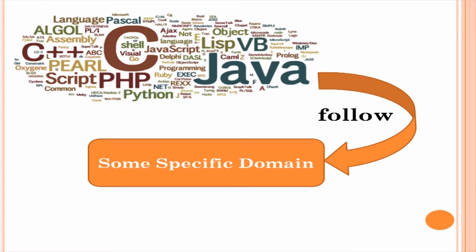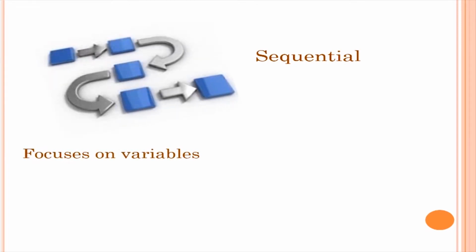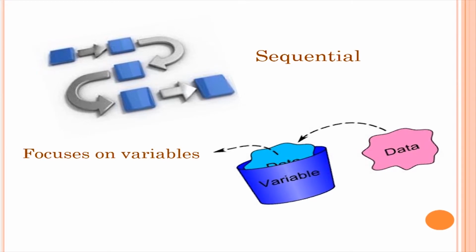For example, some programs execute statements in a sequential fashion and only focus on variables. Here, the term sequential means one after another. As you already know, a variable is used to store some data that can be varied. Like, x is a variable that has value 2 at some time and value 4 at another time.